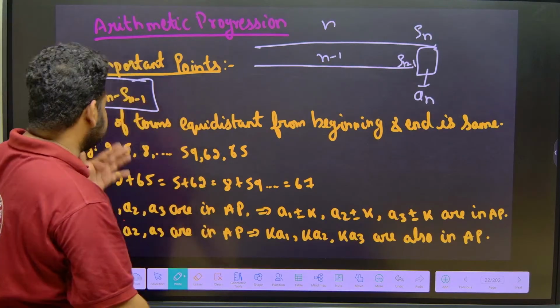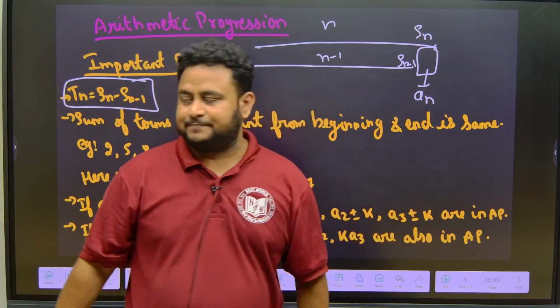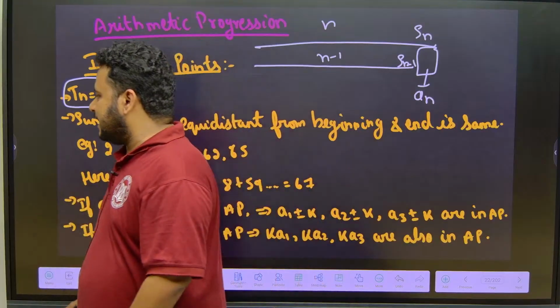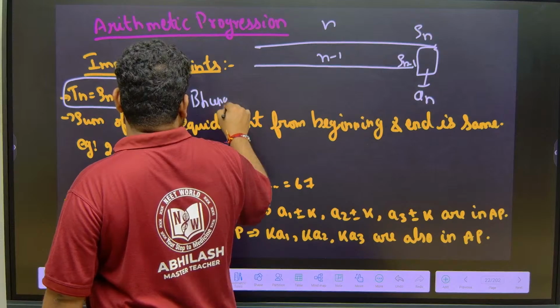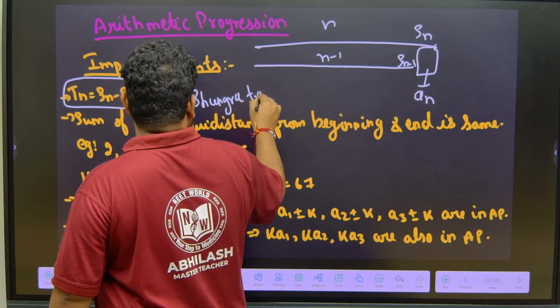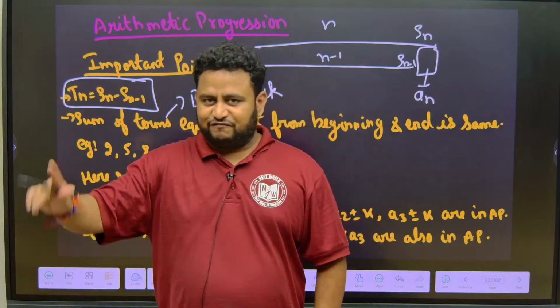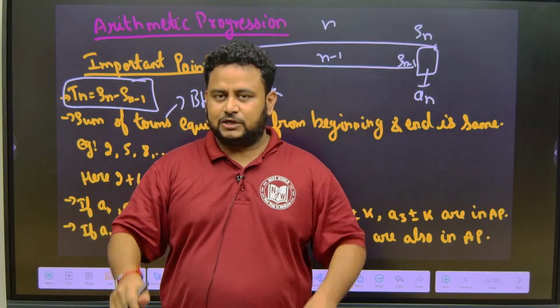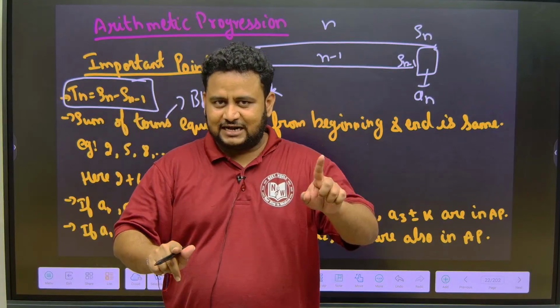Next thing is, the sum of terms equidistant from the beginning and end is the same. This is nothing but the Bhangra trick, I can say. The first term plus the last term will be equal to the second term plus the second last term, the third term plus the third last term, and the fourth term plus the fourth last term. All of these will be equal.